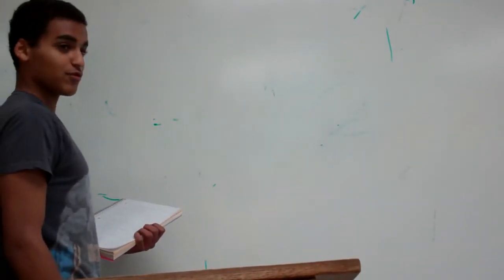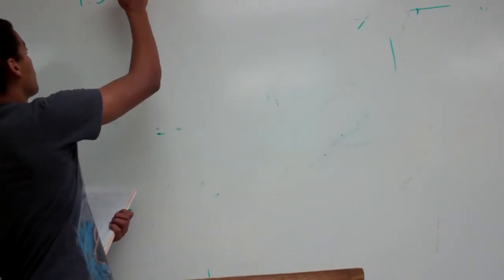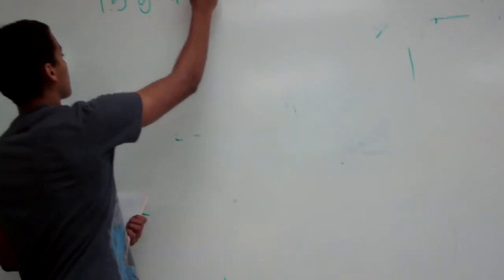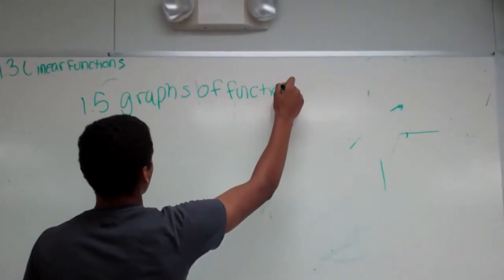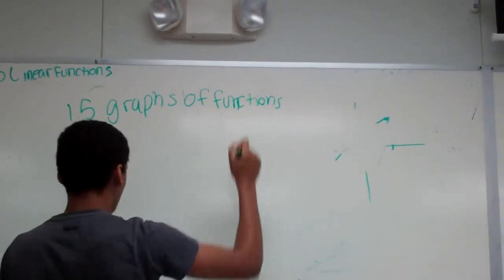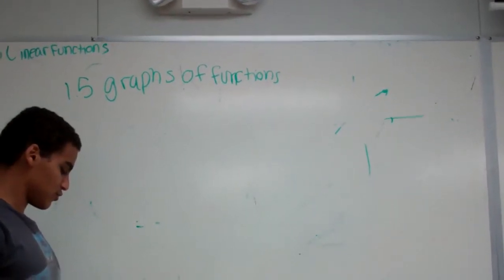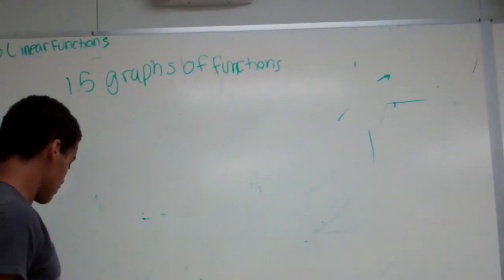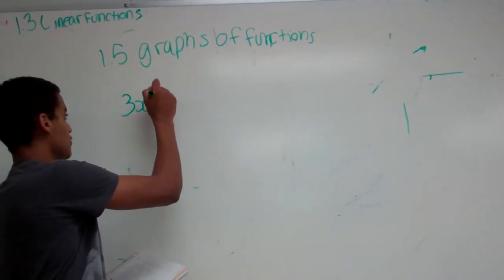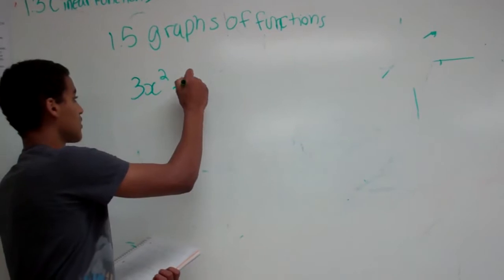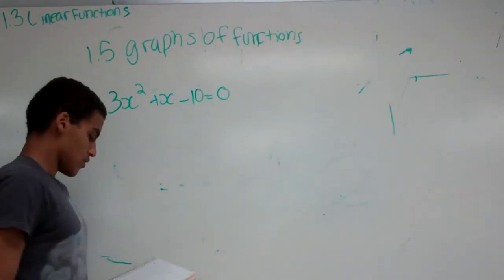Analyzing graphs of functions, which is 1.5. And this has to do with finding the zeros. So let's say we're given an equation like 3x squared plus x minus 10 equals 0.